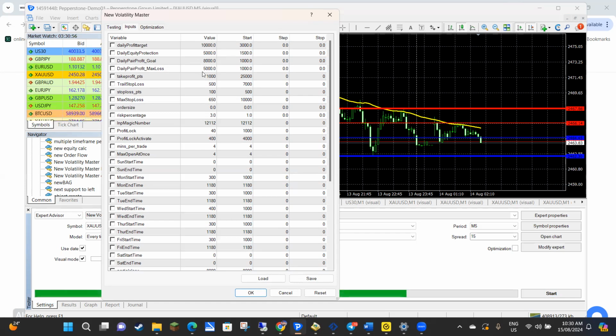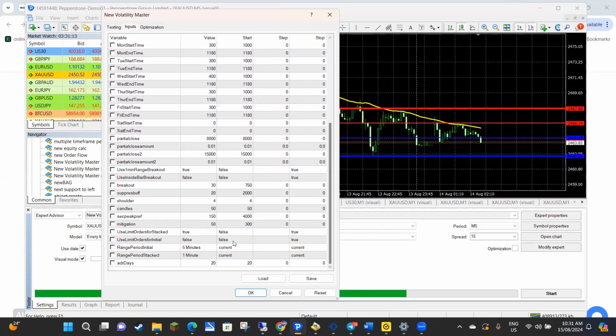So that just allows us a little bit more versatility in how we set everything up. All right, so that's one new setting I've just added.